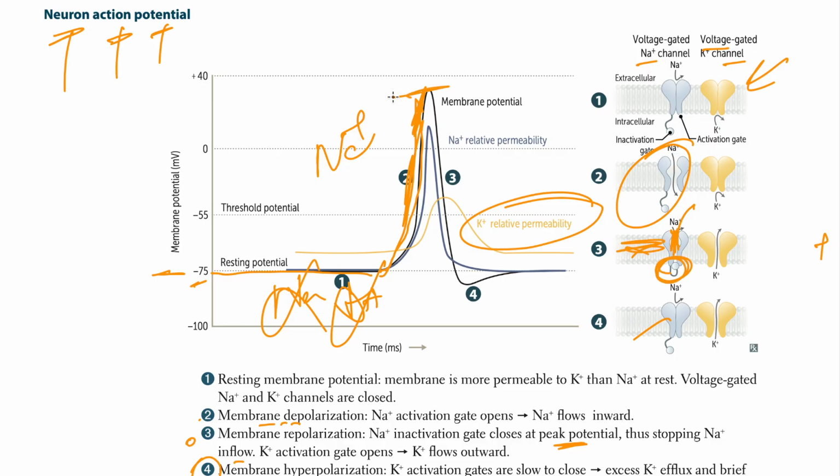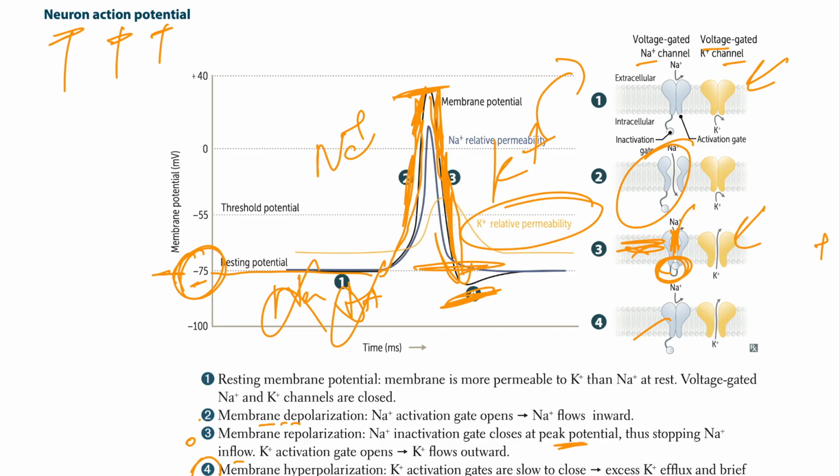When the inactivation gate closes, the potassium channels open, and potassium goes out and out till it causes hyperpolarization, which is more negative than the resting negative 75, due to the fact that these channels close slowly.